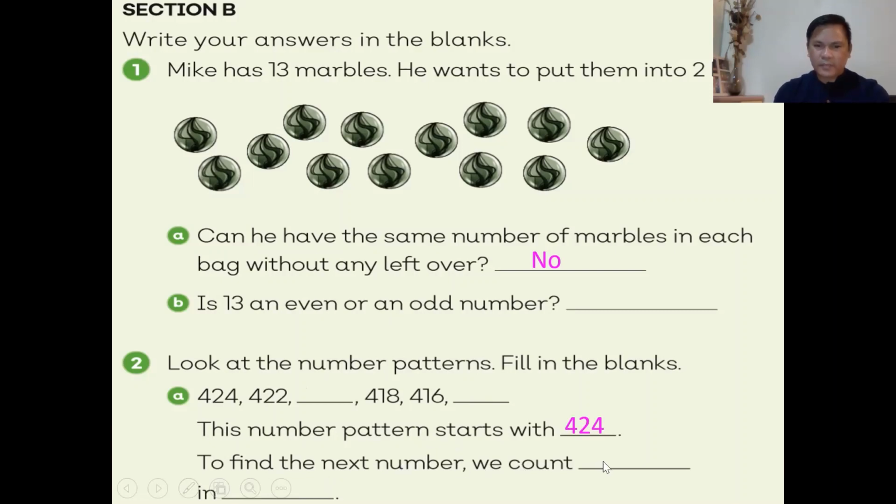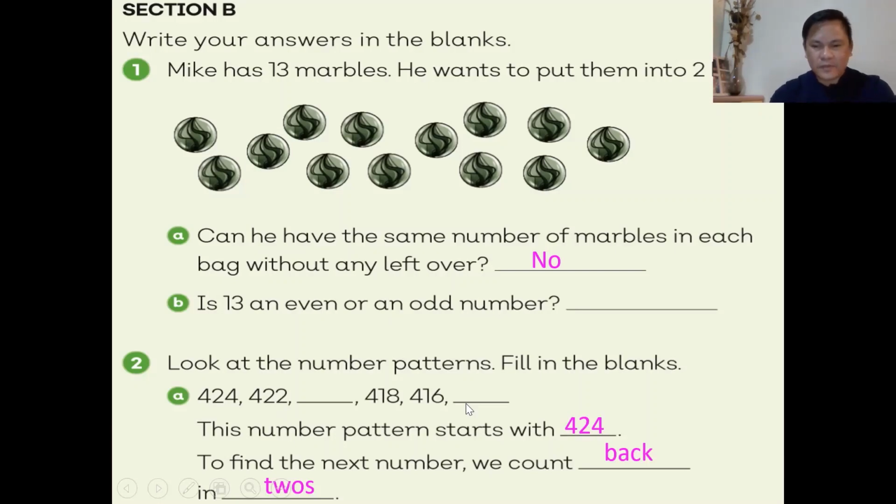To find the next number, we count backward by 2's. So write the answer. What is the missing number in the pattern here? You need to count backward. 422, 421, 4. Very good. That's it.